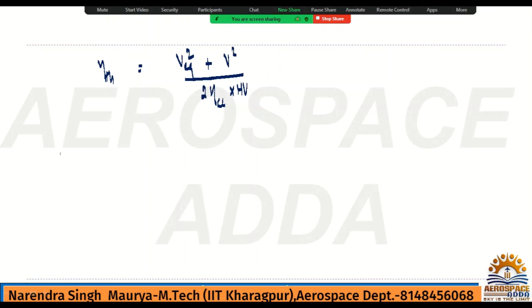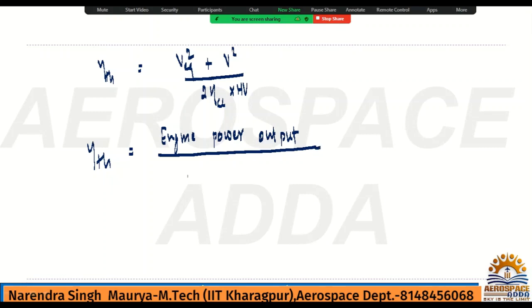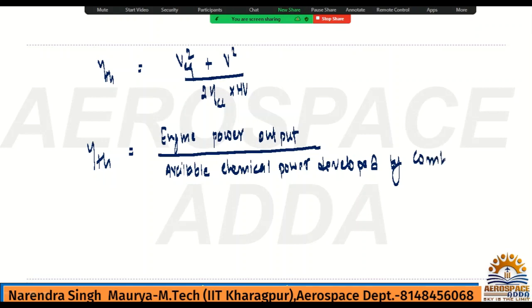One more thing I want to add here. This thermal efficiency in words is the engine power output divided by the available chemical power developed by combustion.